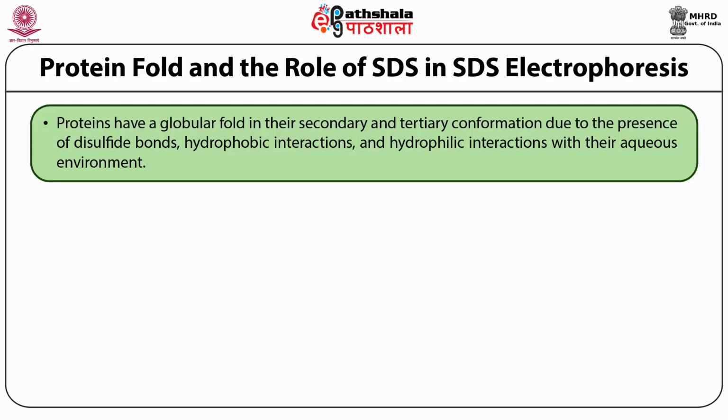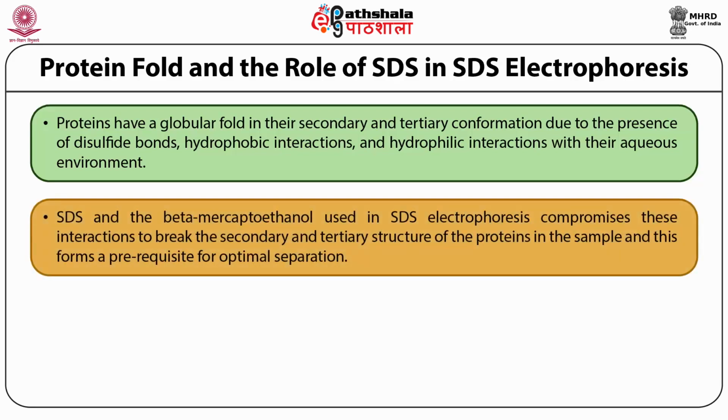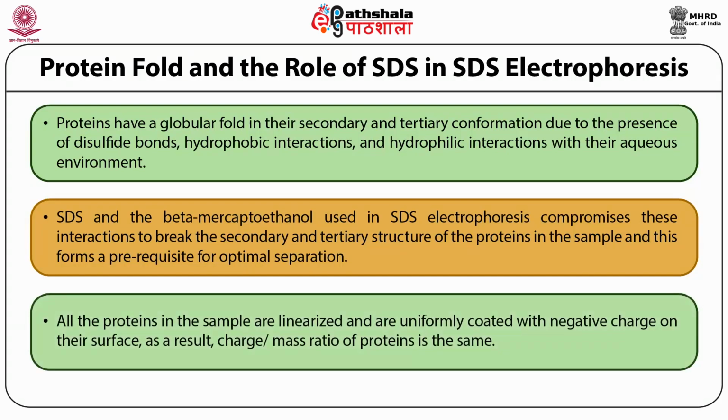For this, we use sodium dodecyl sulphate and a reducing agent such as beta-mercaptoethanol or dithiothreitol. SDS has an important role as a detergent in breaking down non-covalent interactions. It also coats the protein uniformly with a negative charge.